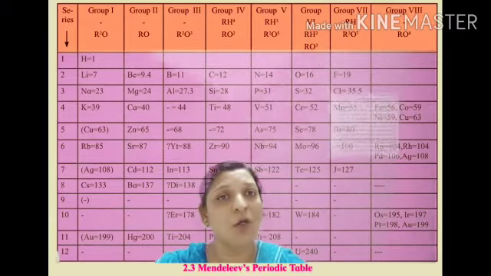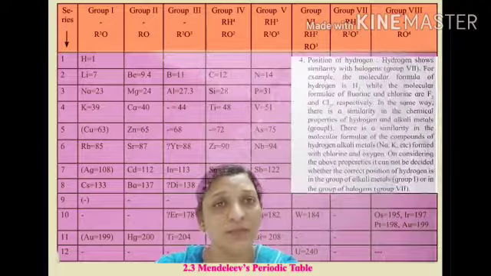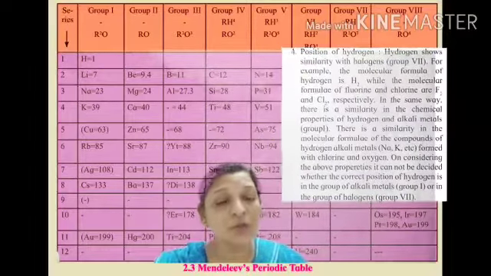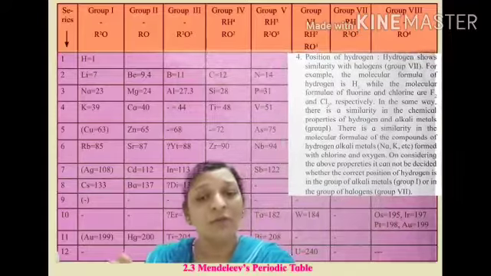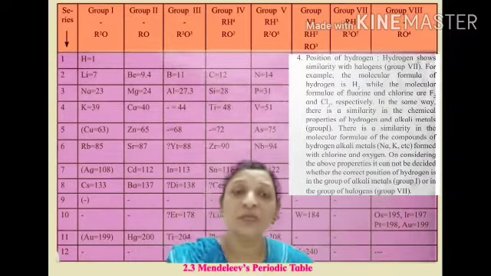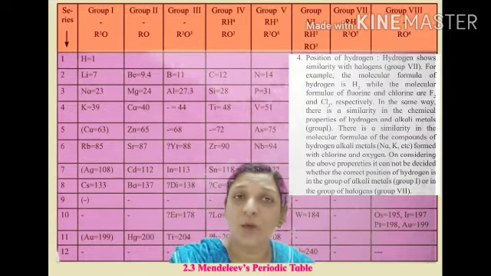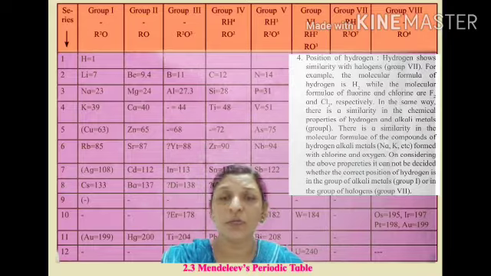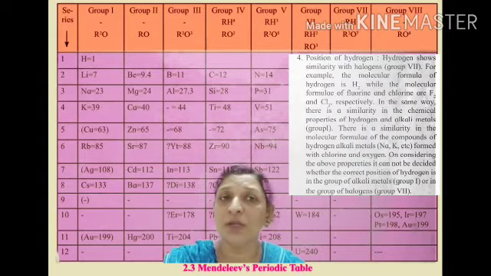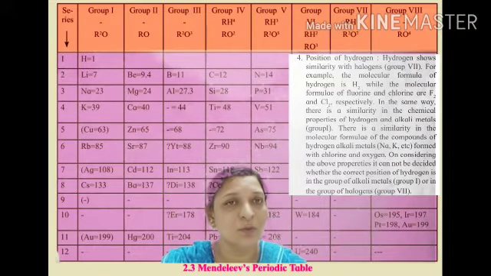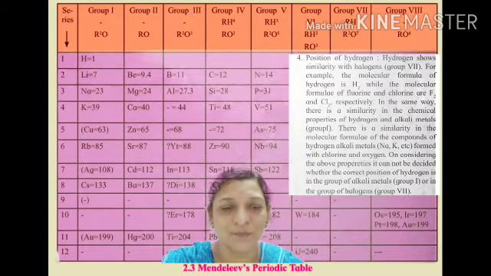The next demerit of Mendeleev's periodic table is position of hydrogen. Hydrogen shows the similarity with the first group elements as well as group 7 elements, halogens. Molecular formula of hydrogen, it is H2, which is similar to that of the halogens, like Cl2, Br2, I2.